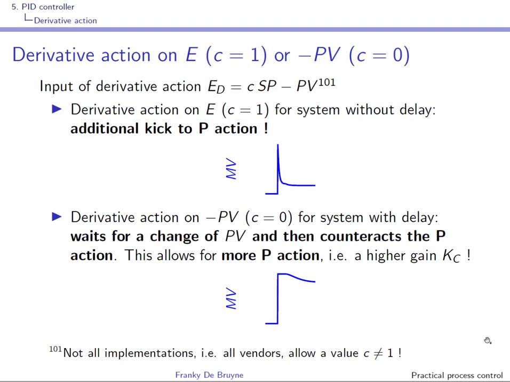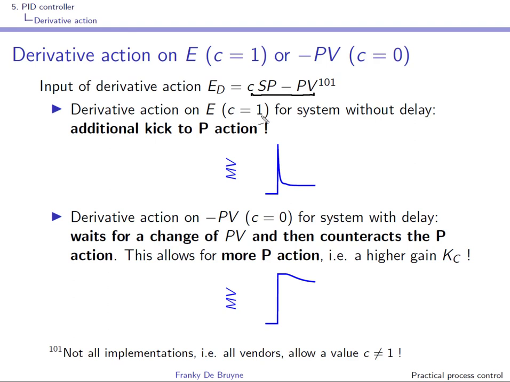Remember that the input of the derivative action is the derivative error, C times the set point minus PV, and in this case we take a binary C. It's either 0 or 1.